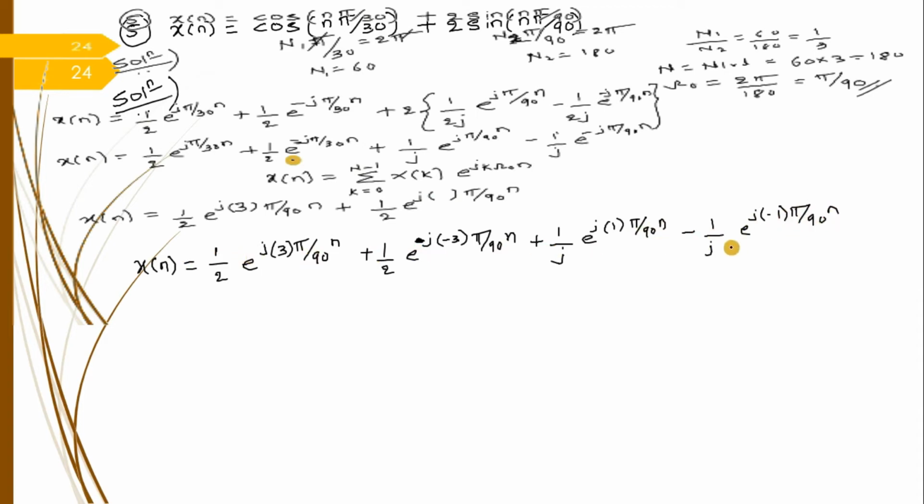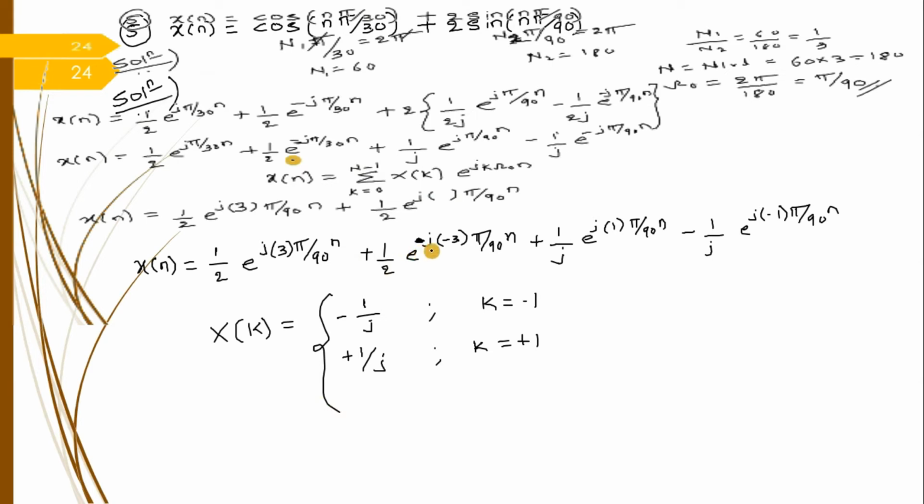So I got all these things. So hence I can construct x of k, starting from minus 1. So k is equal to minus 1: 1 minus 1 by j when k is equal to minus 1, plus 1 by j when k is equal to plus 1.